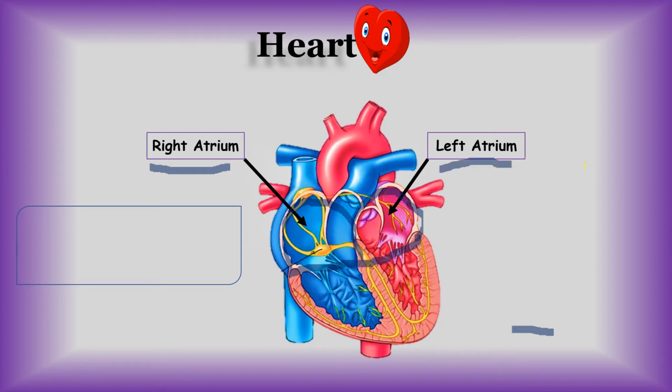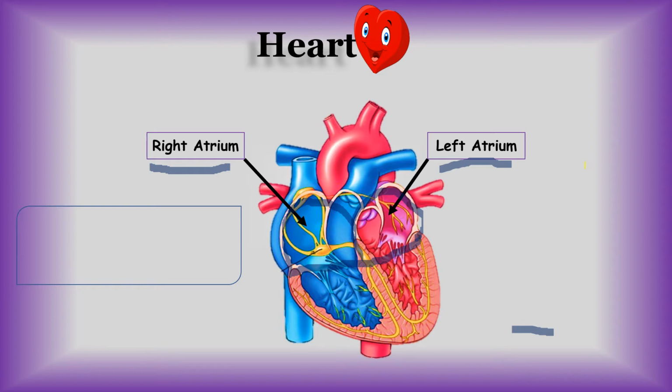Again, to receive blood, but the left atrium receives blood with oxygen from the lungs. Is it clear? Right atrium receives blood from the body without oxygen, but left atrium receives blood from the lungs with oxygen.